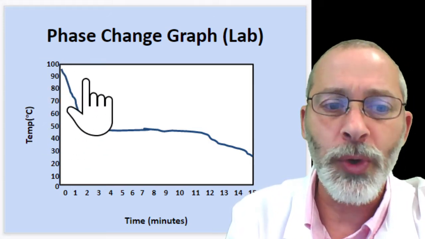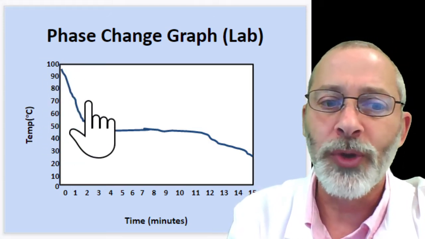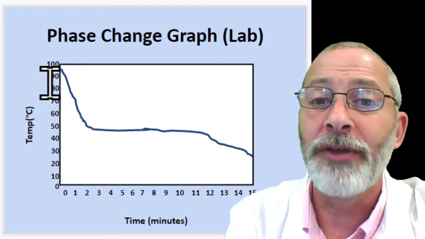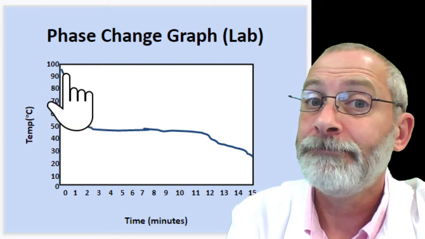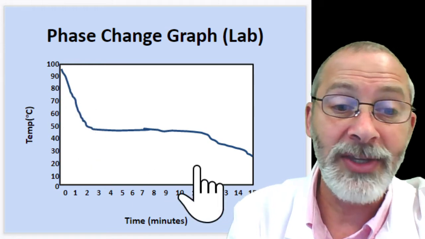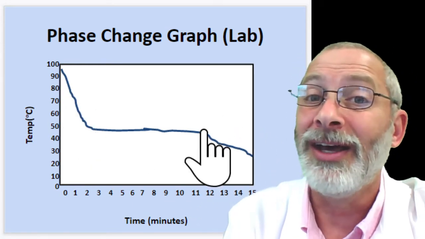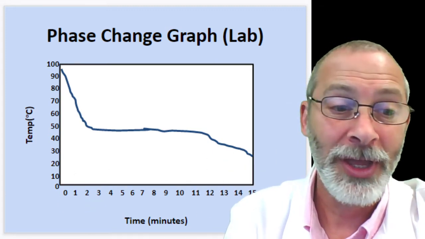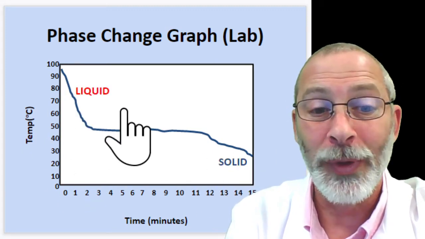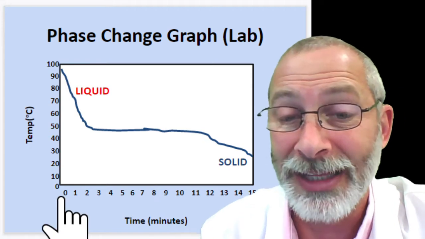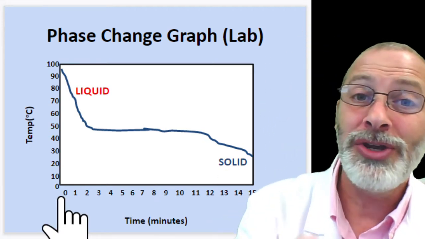What phase or state of matter was the wax in the first part of the graph? What phase or state of matter was the wax at the end of the graph? Hopefully you responded liquid and solid, because that's exactly what it was. And so here's the next question.